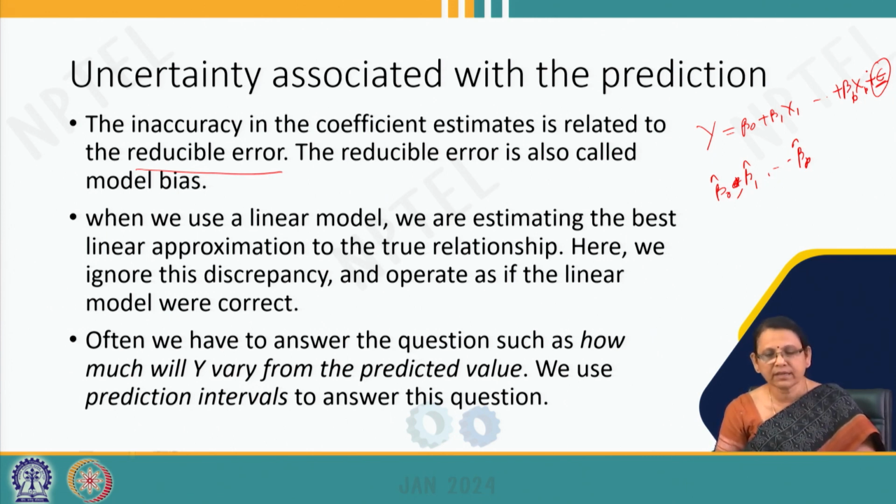Now, when we use a linear model, we are estimating the best linear approximation to the true relationship. Here we ignore this discrepancy and operate as if the linear model was correct. So, we assume that the linear model which we create using these estimated parameters is actually correct.